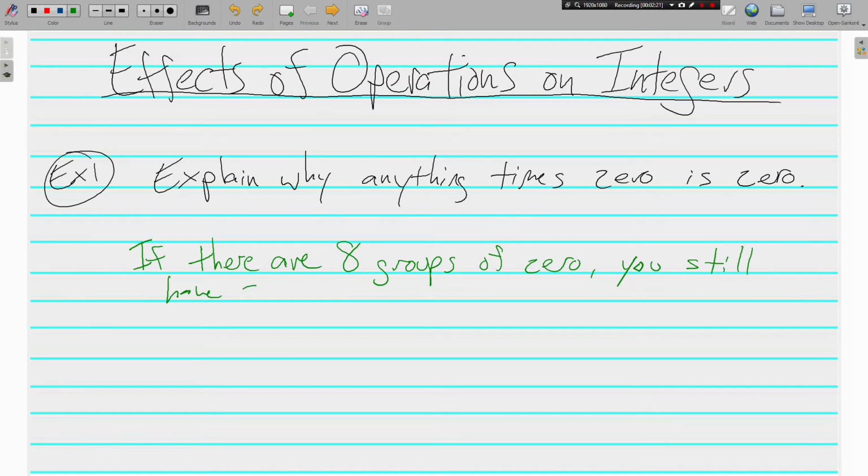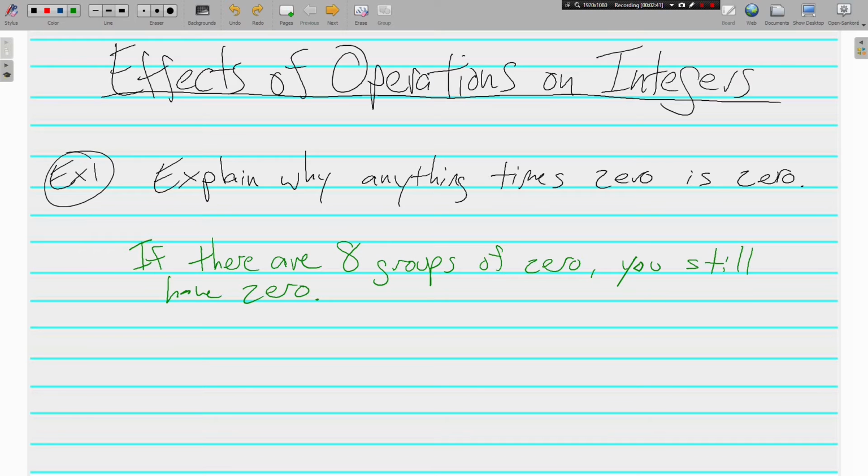If there are 8 groups of 0, you still have 0. Multiplying has to do with adding faster, adding quicker, groups of things, equal groups. And if all your groups are 0, it doesn't matter how many groups there are, you still are going to have 0.